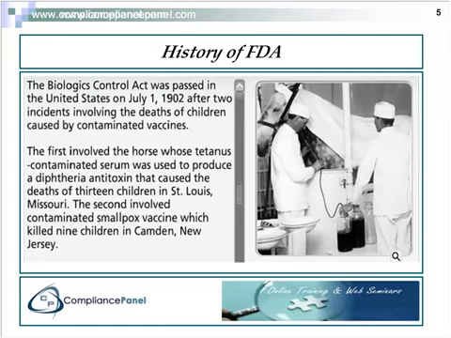But you can see this goes all the way back 107 years to where they were using diphtheria antitoxin. The result of the act in 1902 was that it required inspections and testing of biological products for purity and strength prior to their use by the public. So this goes way back over 100 years.